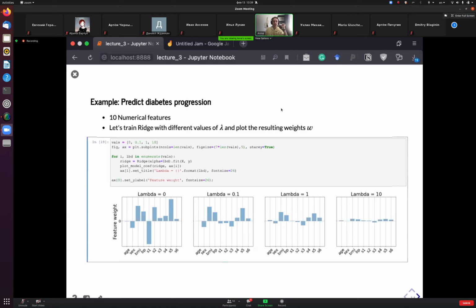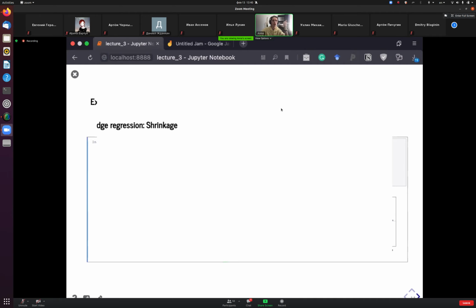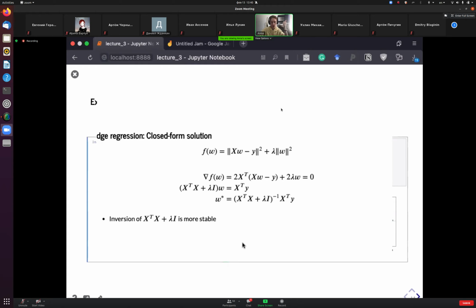I didn't make the plot, but the first effect is indeed that the weights become smaller, and you do now have a more stable inversion, right? Because of the formula for optimal weights that we had here, just computing the weights is now a more stable operation. That was the first thing.